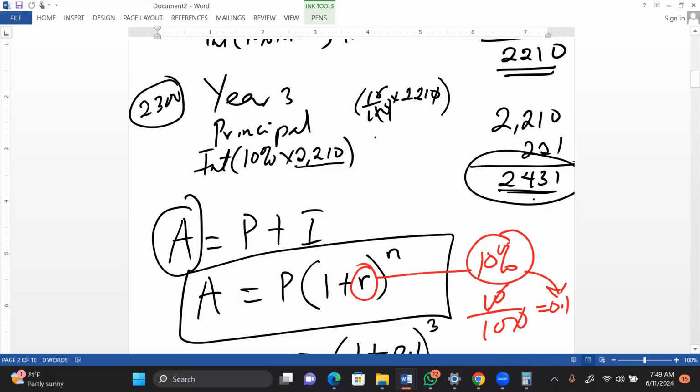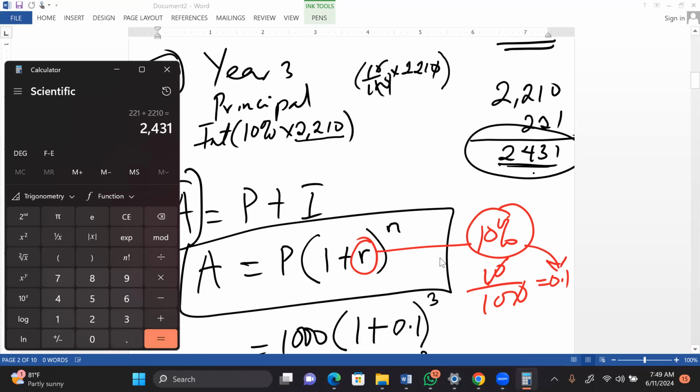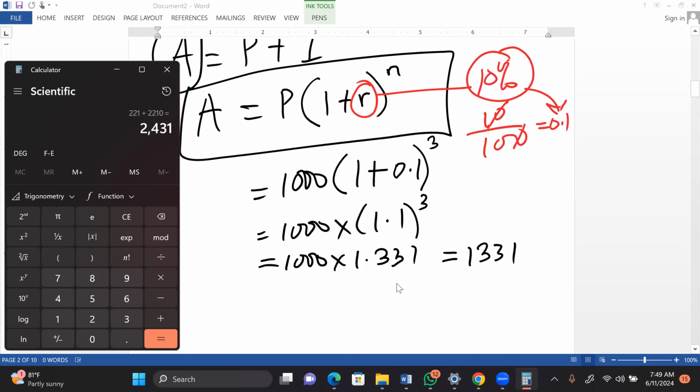It's 2,210. 10 divided by 100 times 2,210. That is 221. That's correct. Plus 2,217. Supposed to have the same thing. So 1,331 plus 1,000.